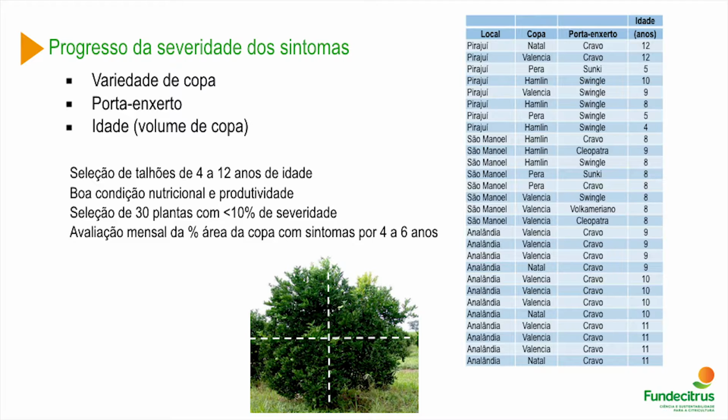We carried that out in 3 different regions, Pirajuí, São Manuel, and Analândia, for 5 years. And the plots selected all had good nutrition, good yield, although they had different fertilization, irrigation, pruning practices. And that was important for us to increase diversity.